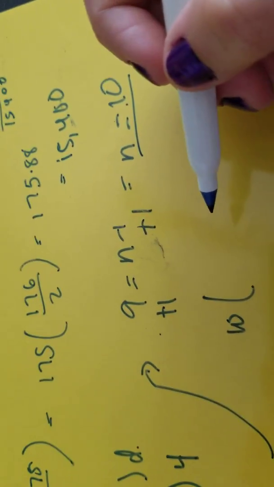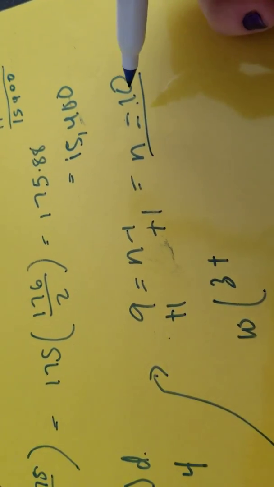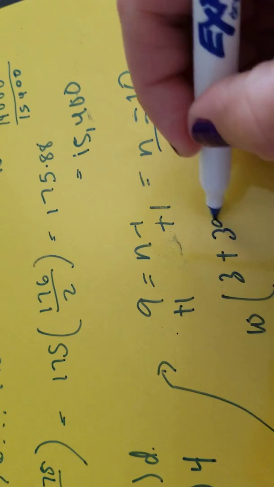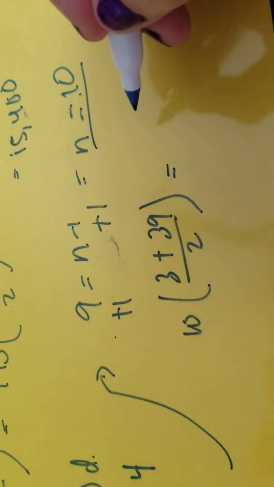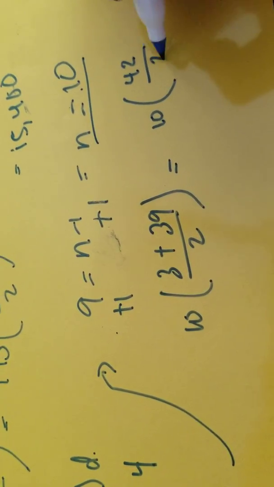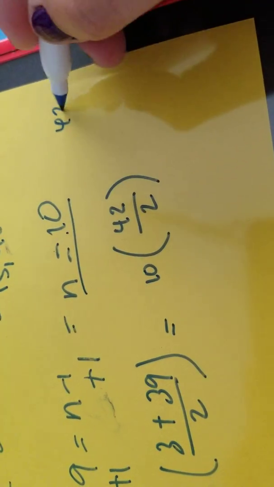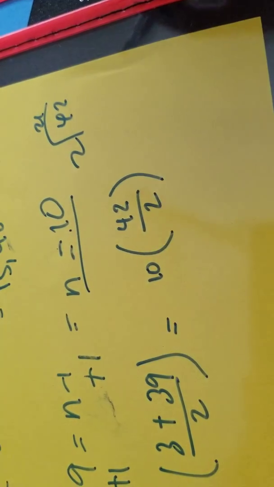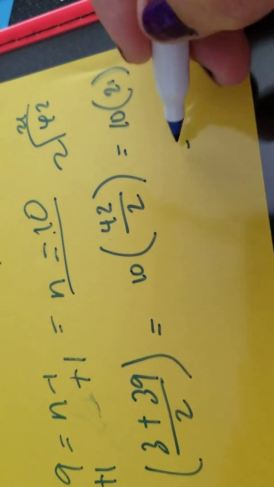So 10 times the first term, which is 3, plus the nth term, or the 10th term, which is 39, divided by 2. So we have 10 times 42 over 2. 42 divided by 2 is 21. So I have 10 times 21, which equals 210.